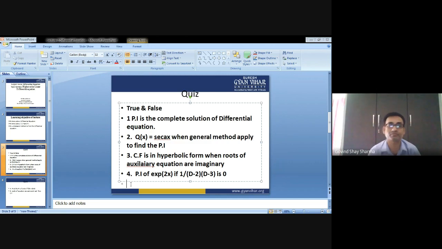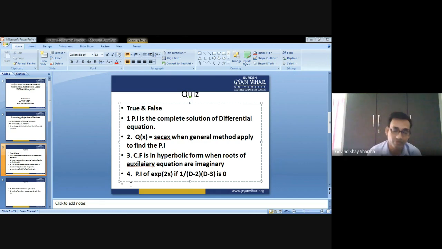So, PI of e to the power 2x. Here we see 1 upon (D minus 2)(D minus 2). When we put D as alpha, where alpha is equal to 2, D replaced with alpha, then the denominator becomes 0, f(D) becomes 0. So first we do the factorization, then the partial fractions.